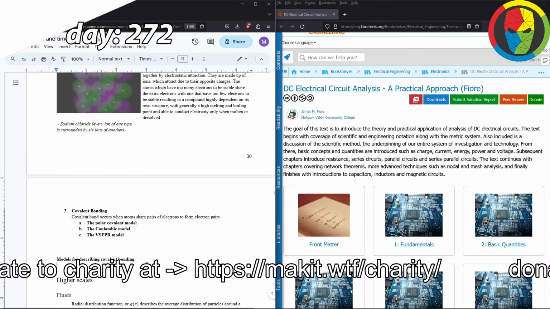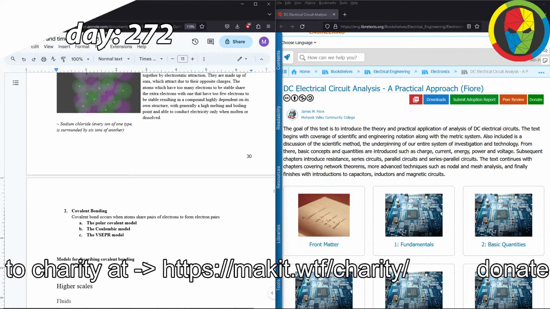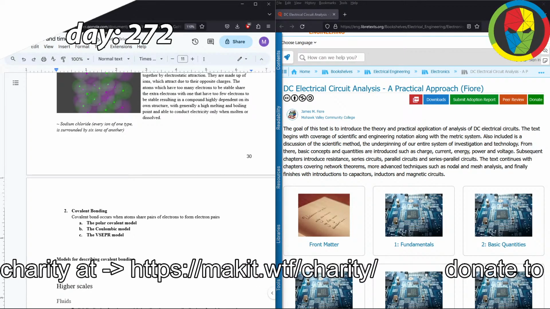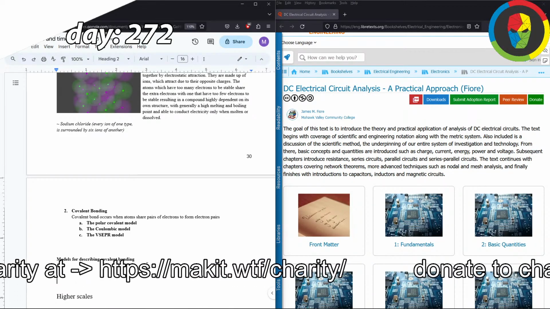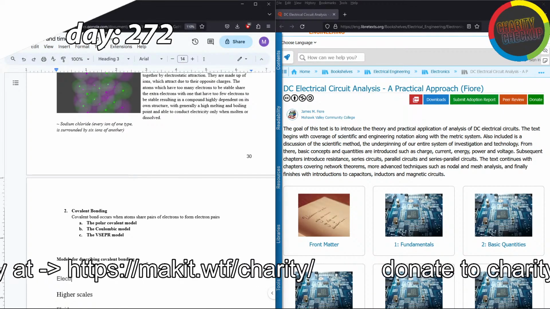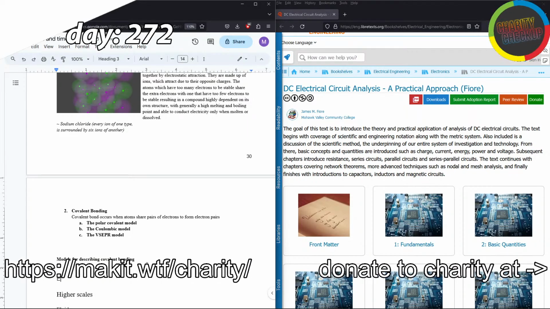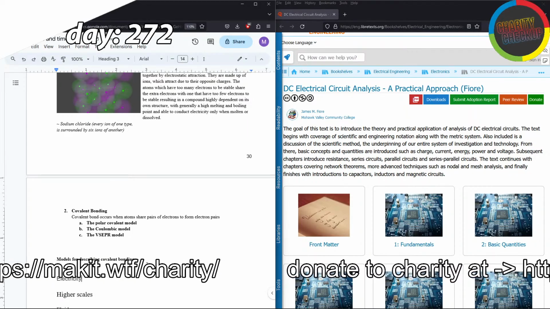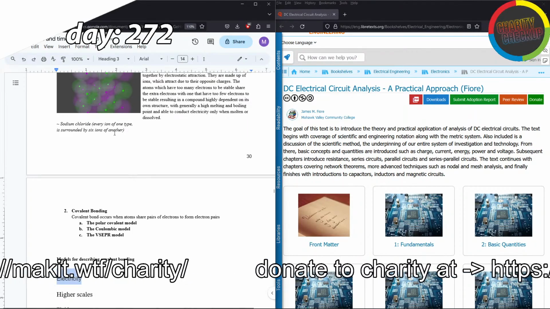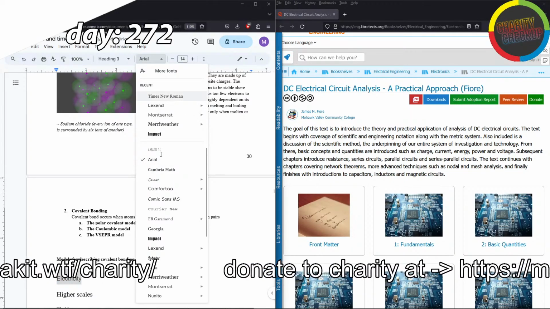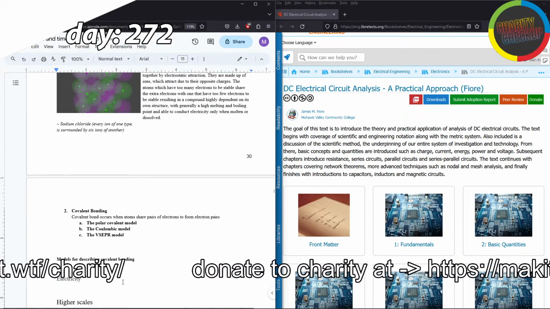Rules for describing covalent bonding, I don't want to get back to that. All right, so this is going to be electronics. Oh, electricity actually. And also this, if I may, in Times New Roman. Perfection. Cool.